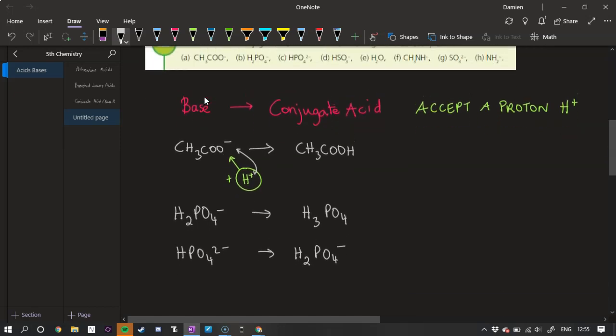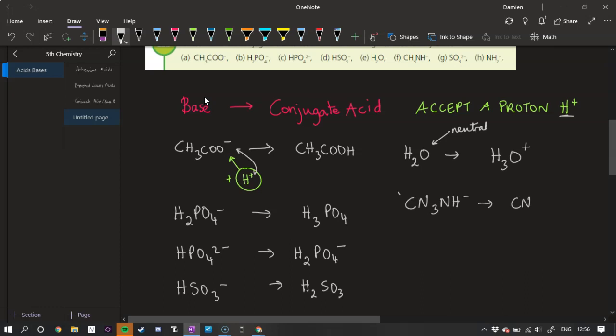Next one is HSO3-. Same thing here: H2SO3, and the single negative goes to neutral. H2O is obviously H3O, but then you're adding on an H+, remember, so that gives you the positive. You're going from neutral to positive. Next, CH3NH-.